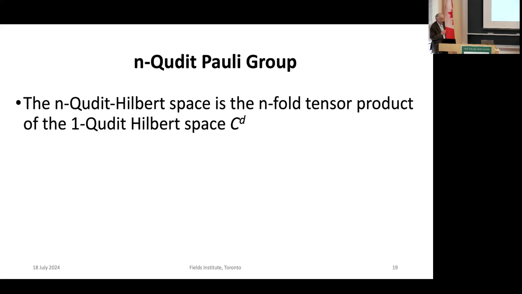So for n particles, or n qubits, you take the tensor product of this construction that I just outlined, the n-fold tensor product of CD, and that's the Hilbert space of n quantum qubits.